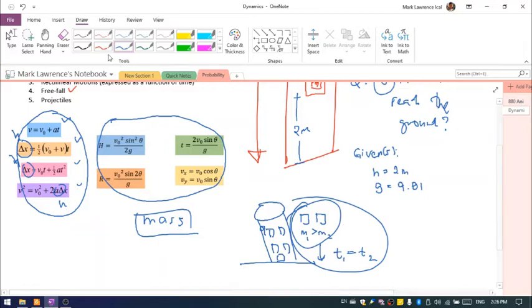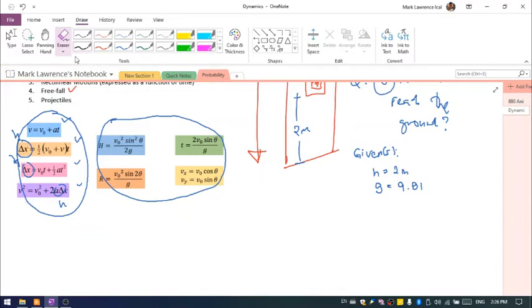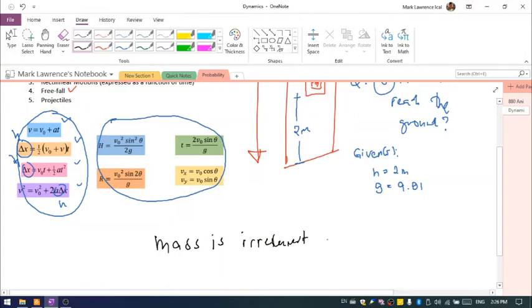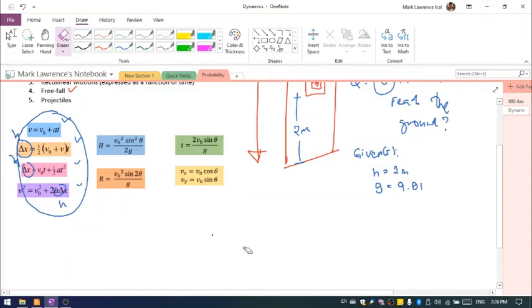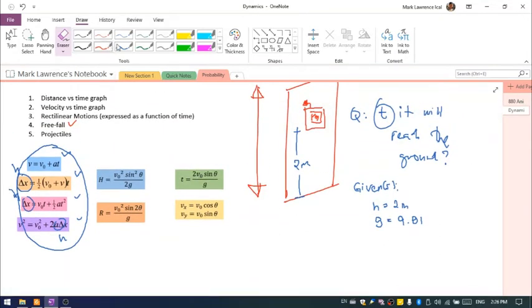So in problems of kinematics, we don't really use mass, because mass is irrelevant. Even if they have two different masses, they will fall at the same time. This is the reason why there is no mass in our equations. I hope you get that one.